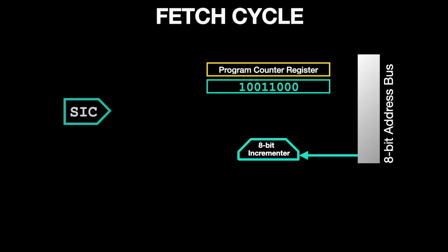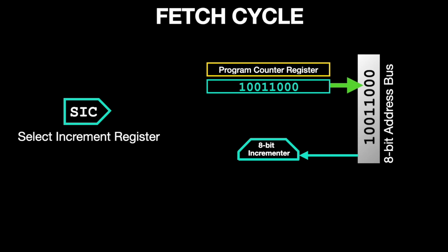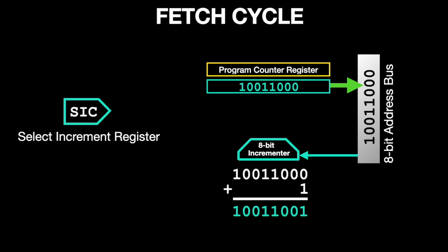And when the select increment register control line is activated, whatever value it contains is placed on the address bus. And note that because now there's a value on the address bus, the incrementer is automatically picking up that value and adding 1 to it. But that value is not being stored anywhere and is not relevant to our next steps.